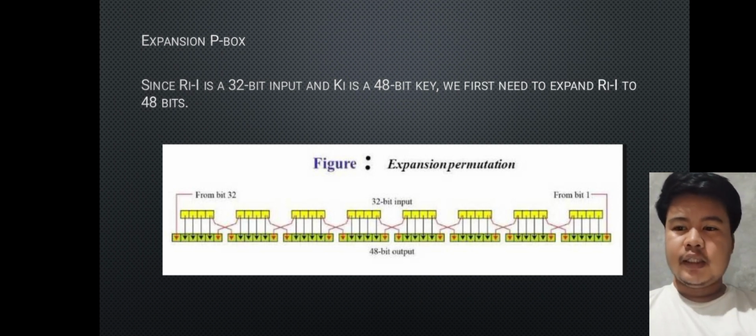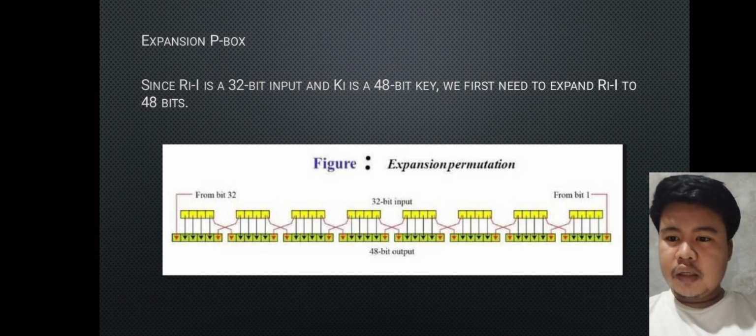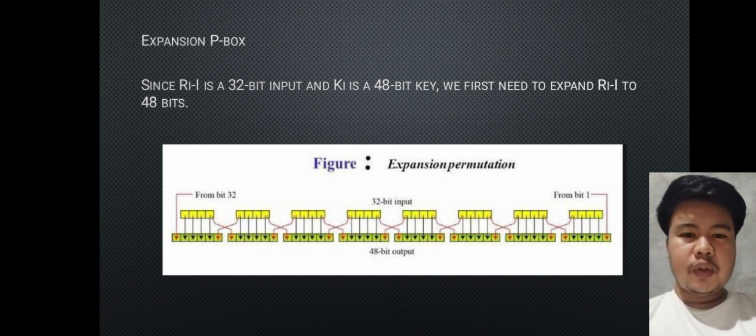Expansion permutation box. Since the right input is 32 bits and the round key is 48 bits, we first need to expand the right input to 48 bits. The permutation logic is graphically depicted in the following illustration.